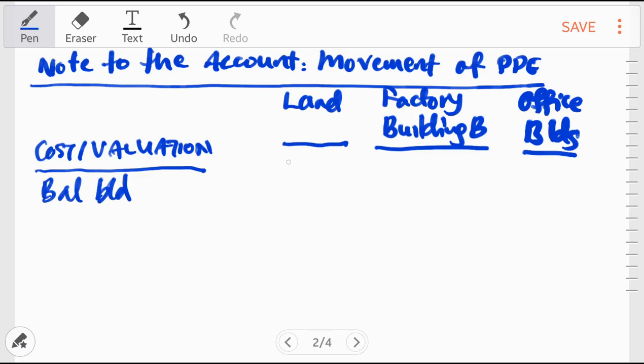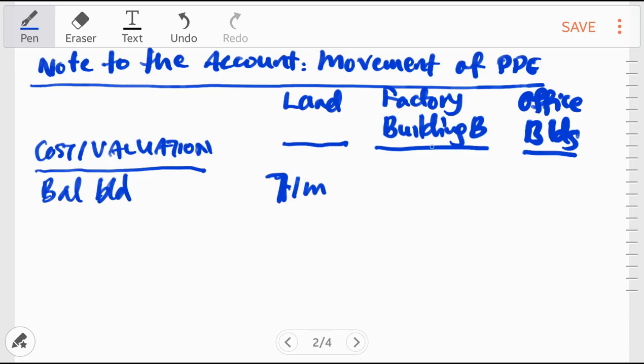For the land, it was at the valuation figure of 7.1 million, because it has been revalued at the end of the year, so the figure that you show here is the fair value in the previous valuation, 7.1 million, given in information number 1.